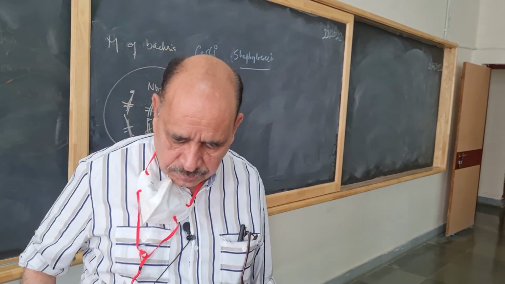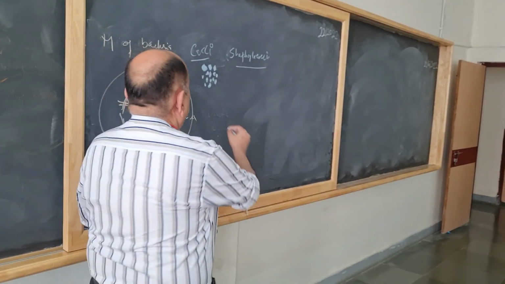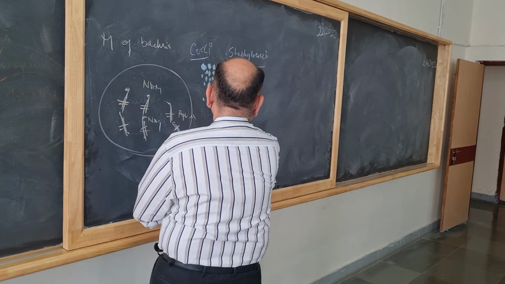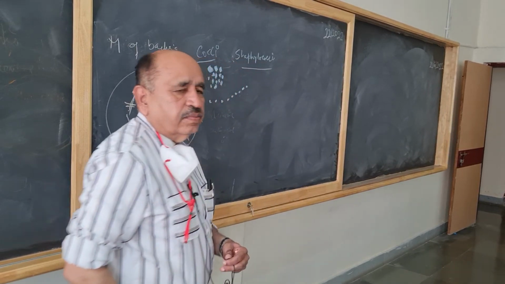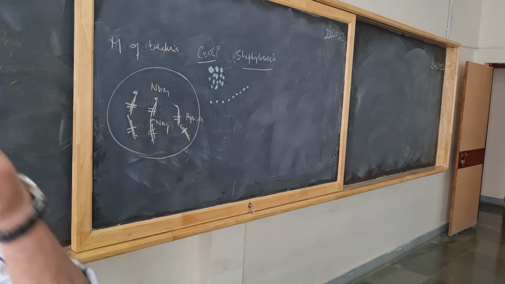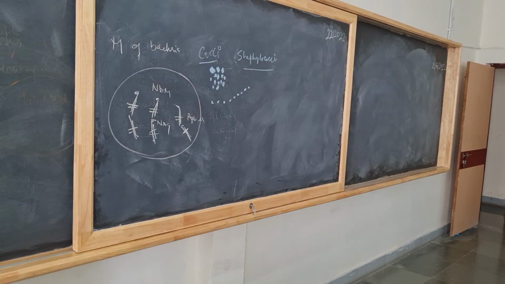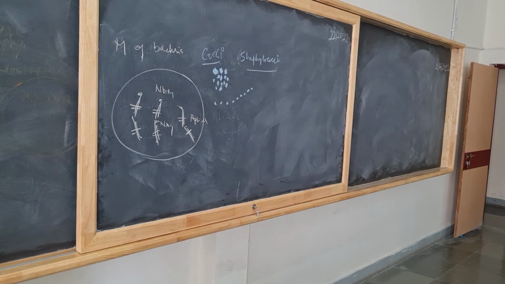They divide in a single plane, and the daughter cells fail to separate out from the mother cell.